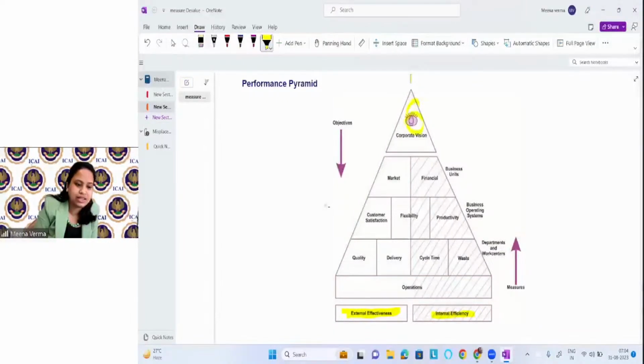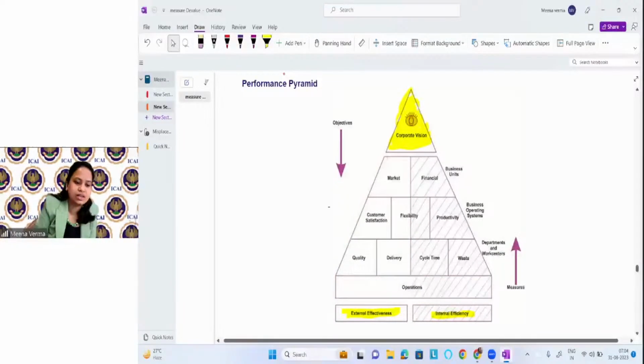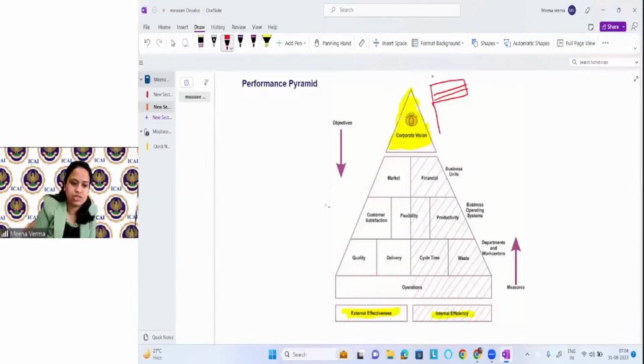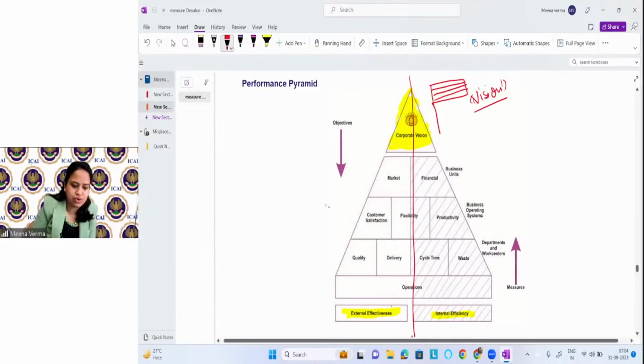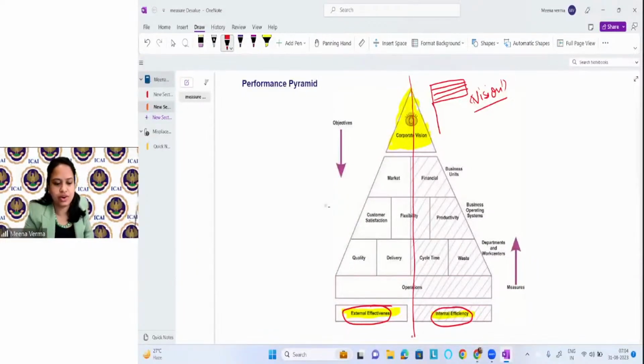They are focusing on the corporate vision, the company's vision, and they have divided it completely into these two parts.